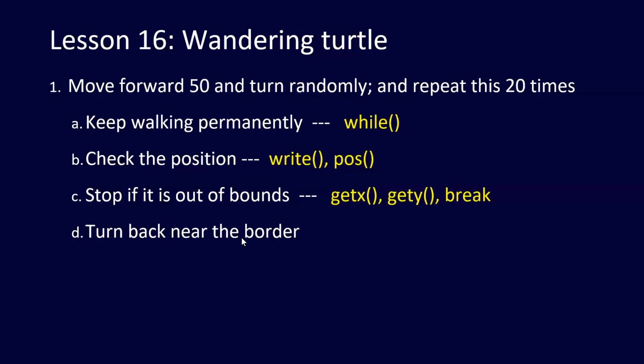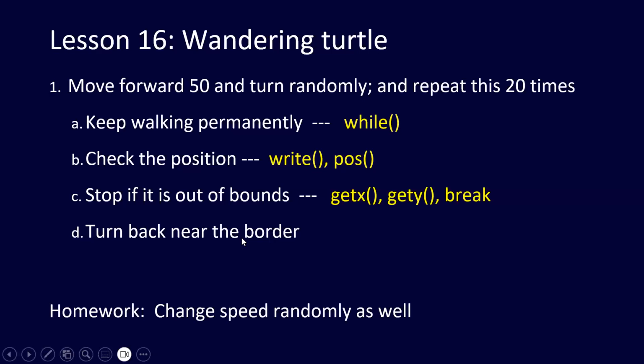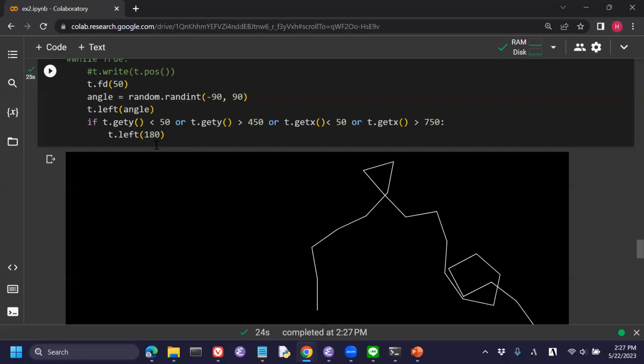So anyway, these are some of the things you can do to try to keep the turtle wandering around as long as you can. There are many techniques you can try. Instead of turning 90, maybe we can try a different angle.